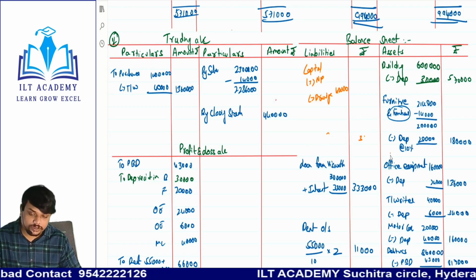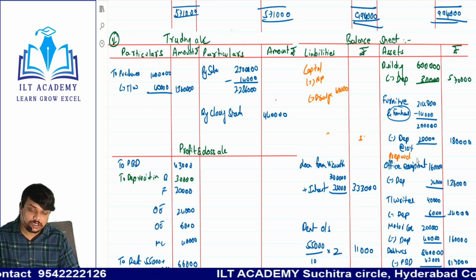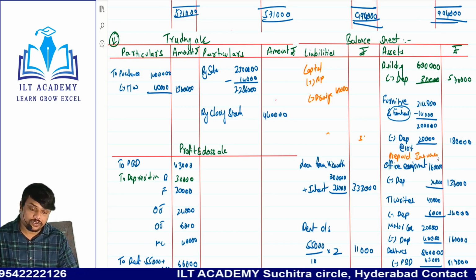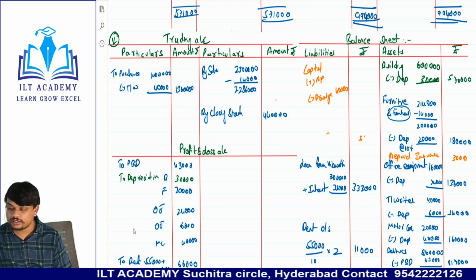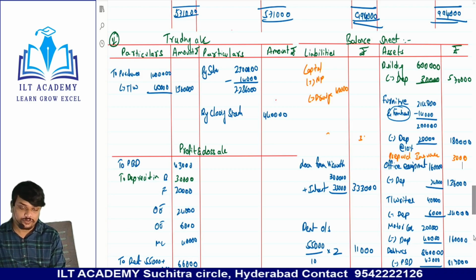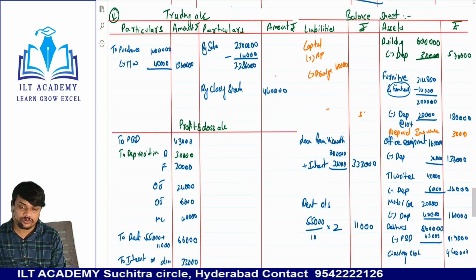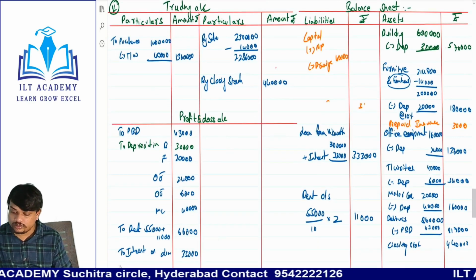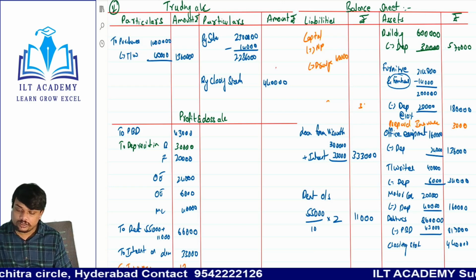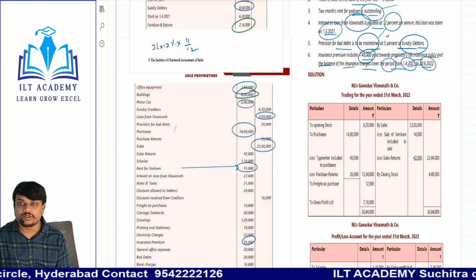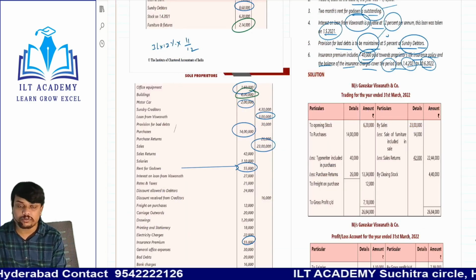Somewhere in assets you try to fix it. Prepaid insurance 3,000, and to insurance 12,000. This is how we need to adjust. Now we can go one by one.